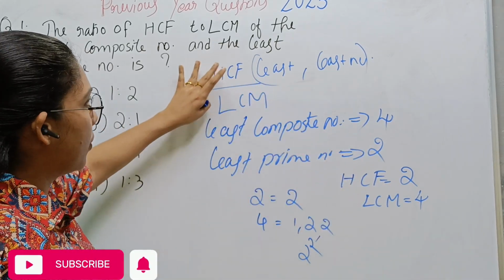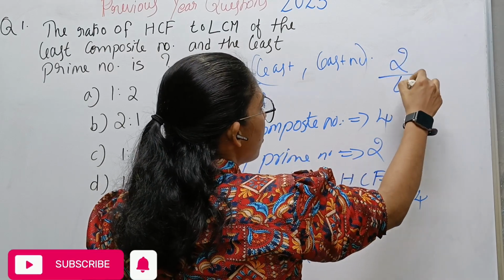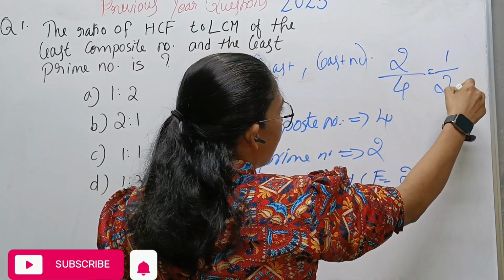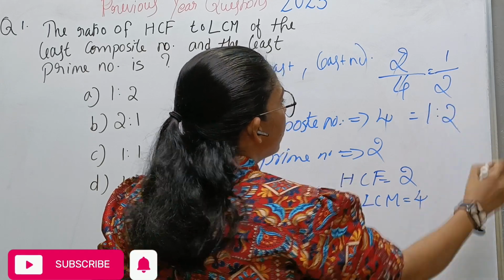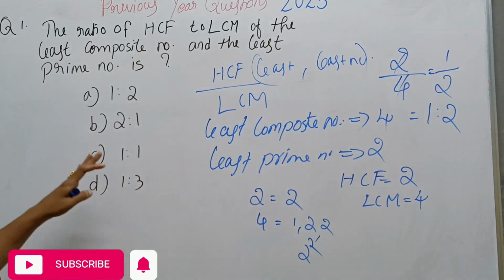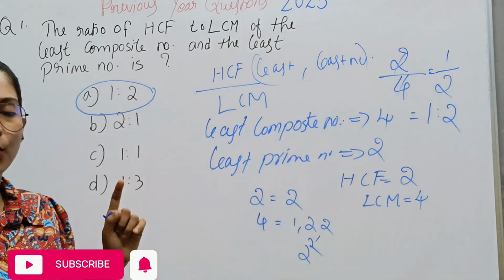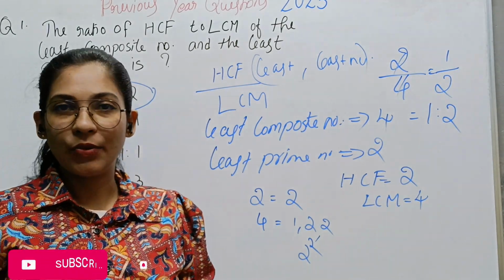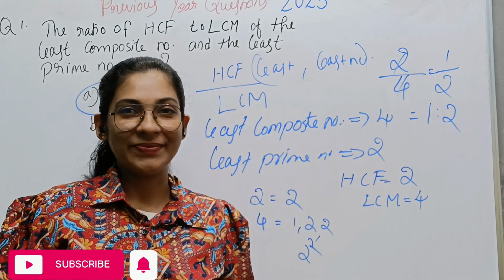Then we have to find the ratio between HCF and LCM. That is 2 upon 4, which is equal to 1 upon 2, or 1 is to 2. So option A is the right answer. Clear? Move on to the next question.